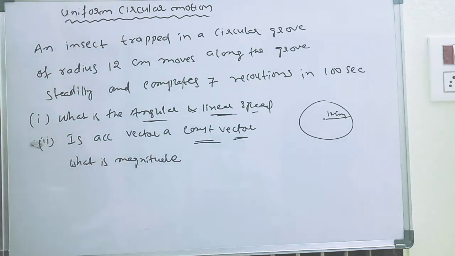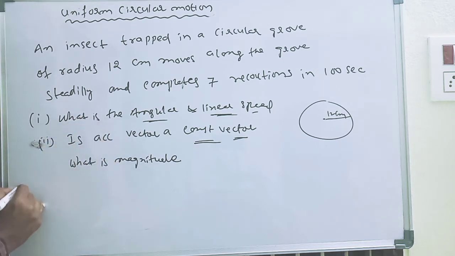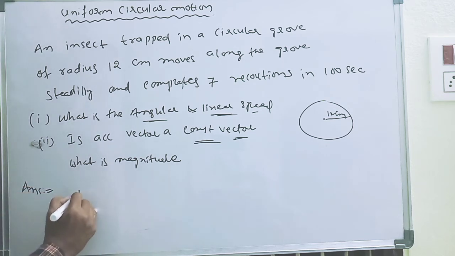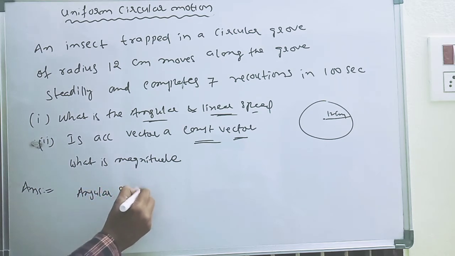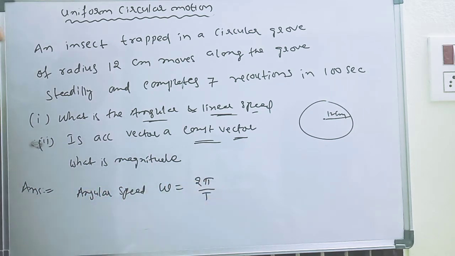What is the formula of angular speed? Angular speed means angular velocity here. Angular speed is equal to omega is equal to 2 pi by T. We are using 2 pi by T here.